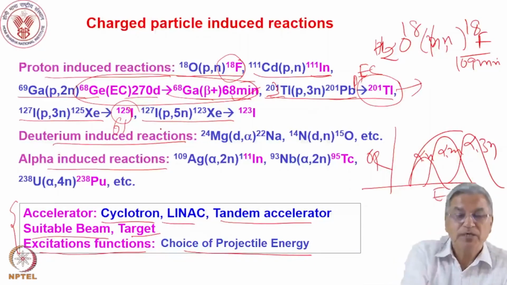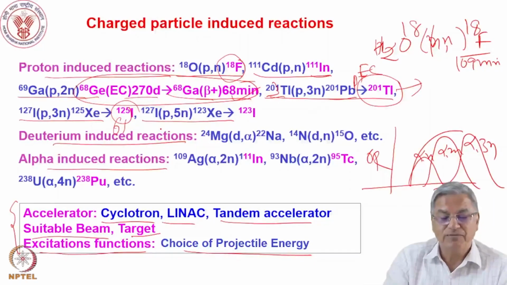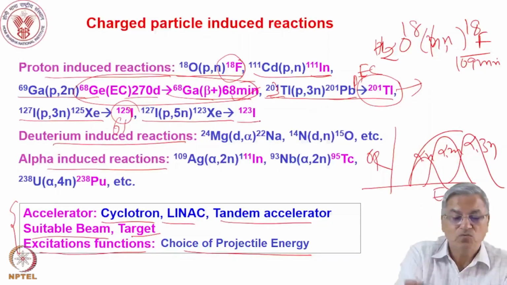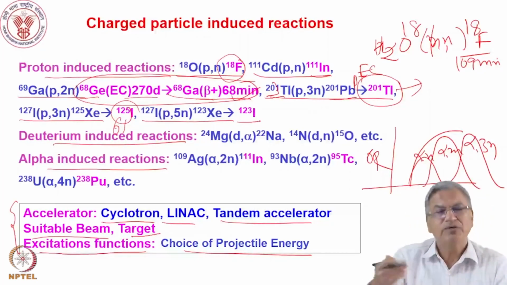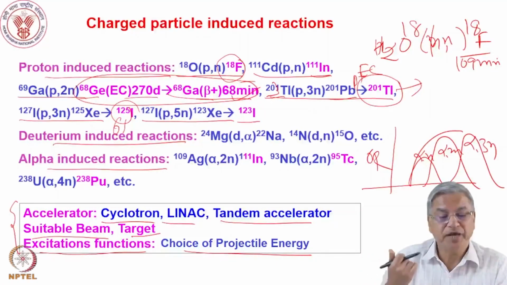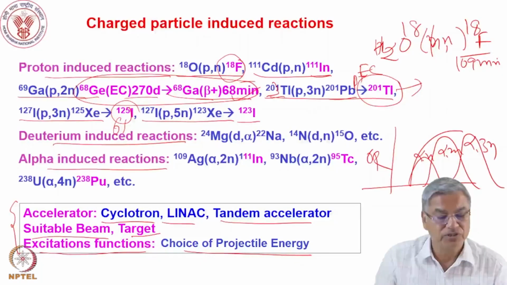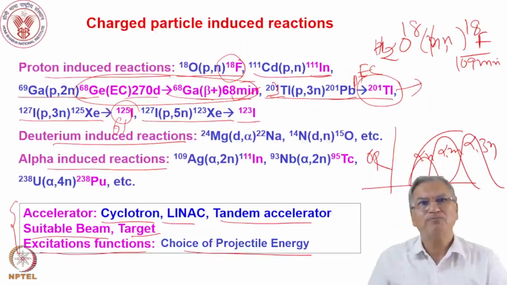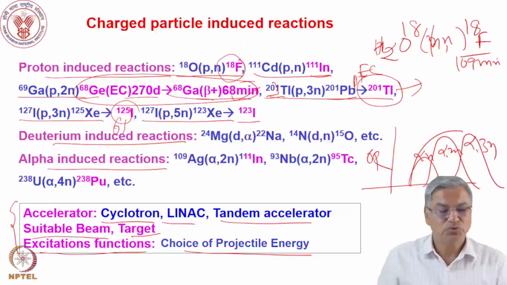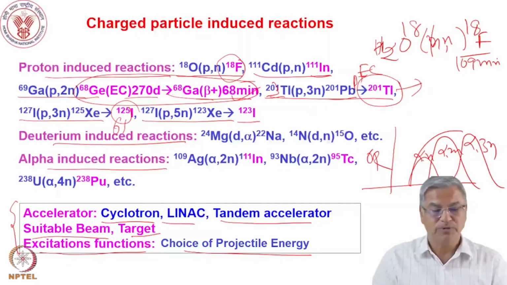You can also produce iodine-123 from an iodine-127 target with a p,5n reaction giving xenon-123. So there are isotopes of iodine, 123 and 125, apart from 131. Iodine-131 is a beta emitter, while these decay by electron capture and emit X-rays and low energy gamma rays. Depending upon the type of application, you can choose which isotope of iodine is suitable.